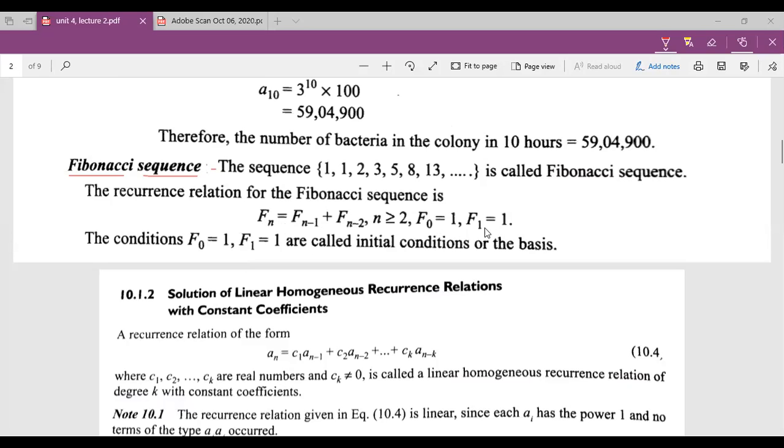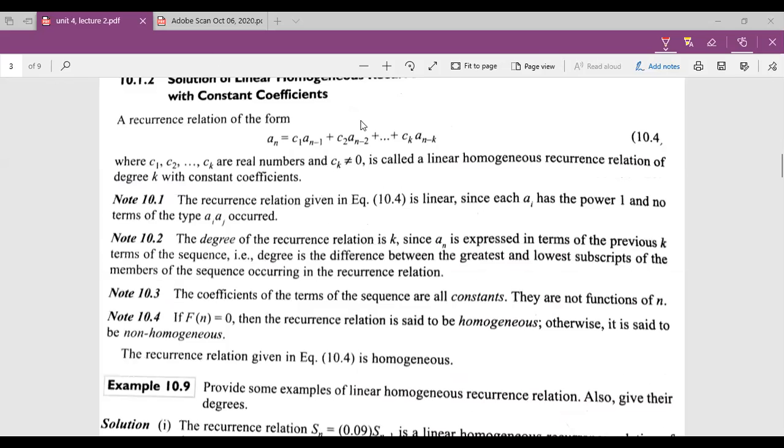So next one, solutions of linear homogeneous recurrence relations with constant coefficients.